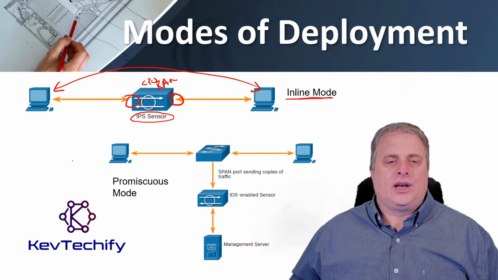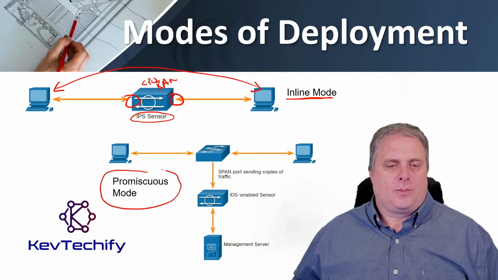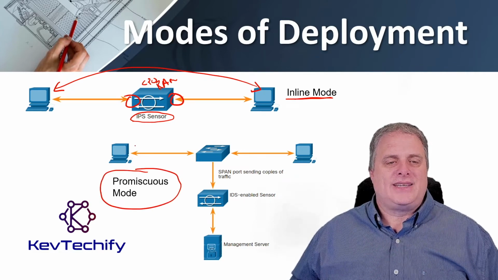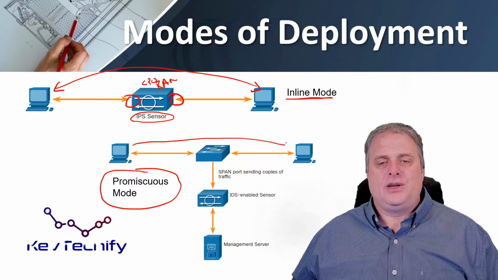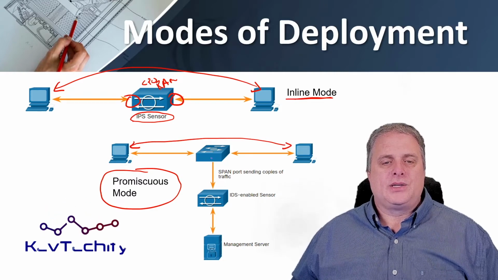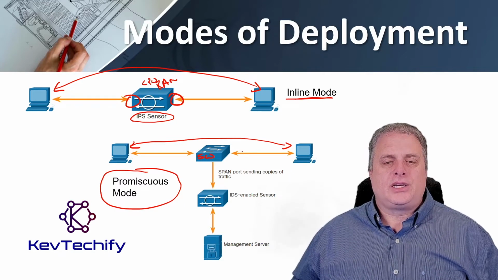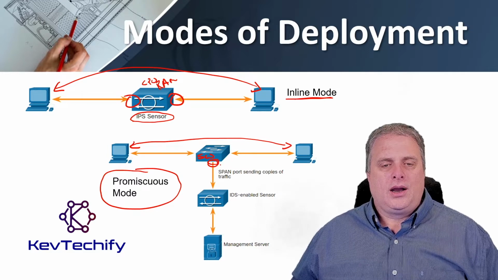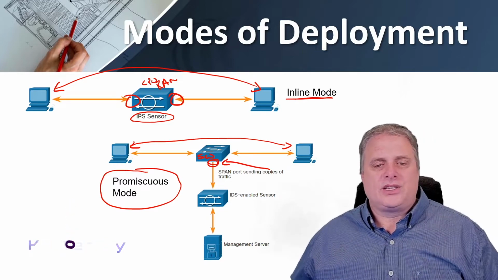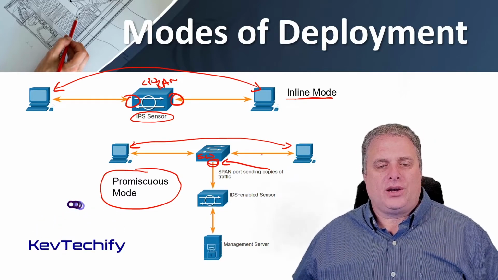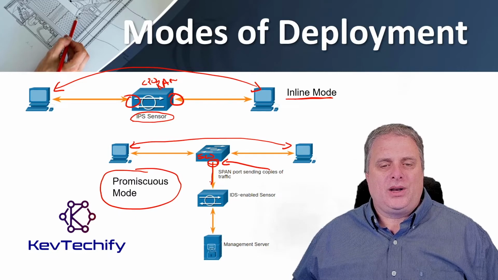The second one here is what we refer to as promiscuous mode. How this works is as data travels between devices on your network, it has to go through this switch. On this switch, we set up another port here, and we're going to send copies of that traffic. So as traffic goes from device to device on your network back and forth, it's also going to copy it down here.